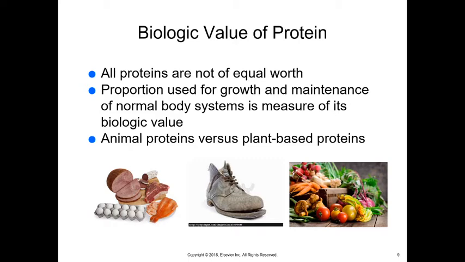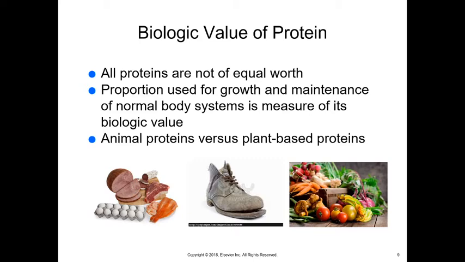Proteins are different whether they come from meat or animal sources versus vegetable proteins. You need a proportion between those two for growth and maintenance of normal body systems, and that proportion is a measure of its biologic value.